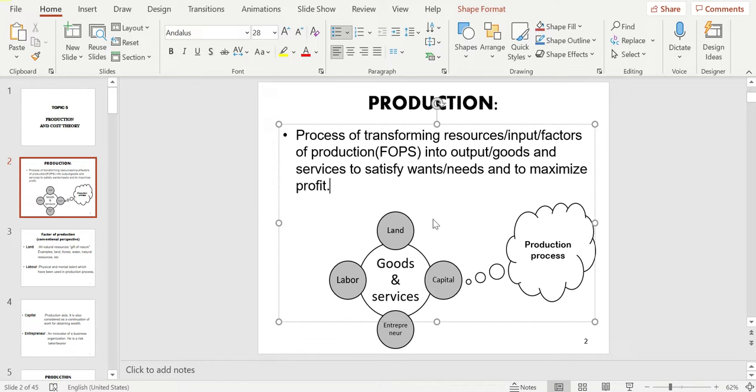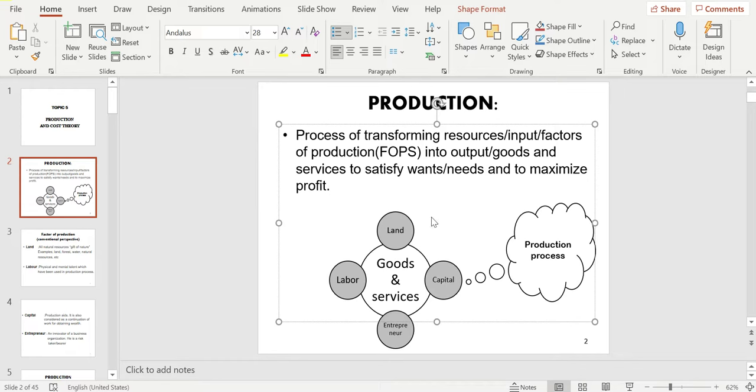I already mentioned it to you when I taught chapter 1, topic 1. There are resources in the world that have a problem of scarcity. So we use the combination of these resources, which is land, labor, capital and entrepreneur, to produce goods and services.